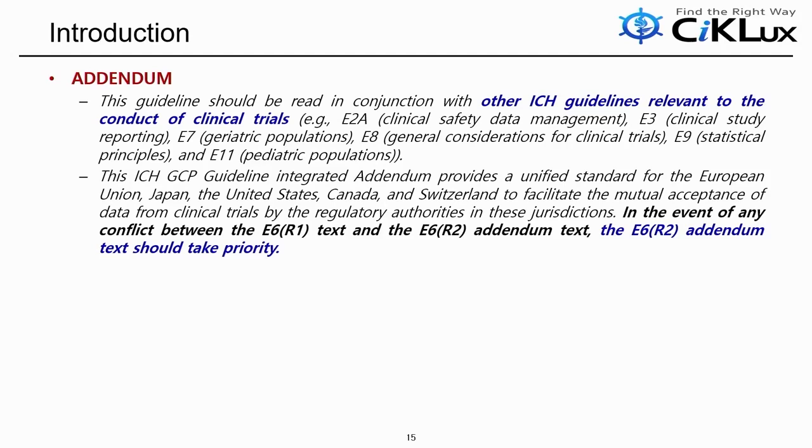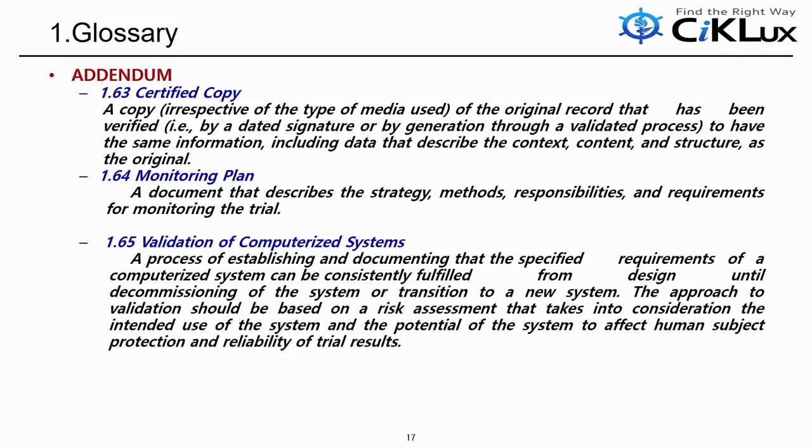R1 and R2 may sometimes conflict because this is an addendum. If that is the case, R2 takes precedence or priority. So in the introduction, as I just explained, with the evolution in technology, we can manage clinical trials more effectively by having electronic data, electronic systems, and others. That's all about the introduction.